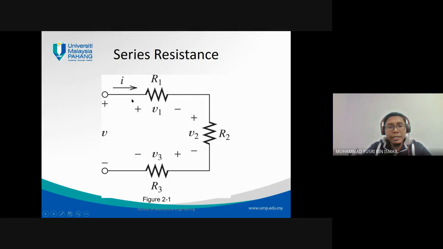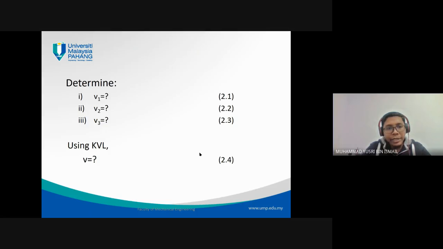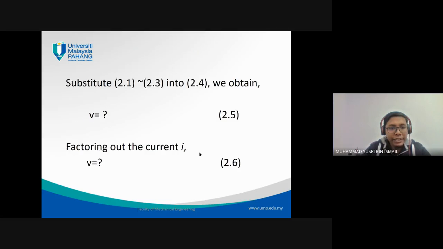This is the current flowing through this circuit. It flows through the resistances, and when the current flows into each resistance, there will be a voltage drop. So there will be a voltage drop at V1, V2, and V3, and each must be less than the voltage from the power supply. From this series circuit, we can determine the voltage at V1, V2, and V3.